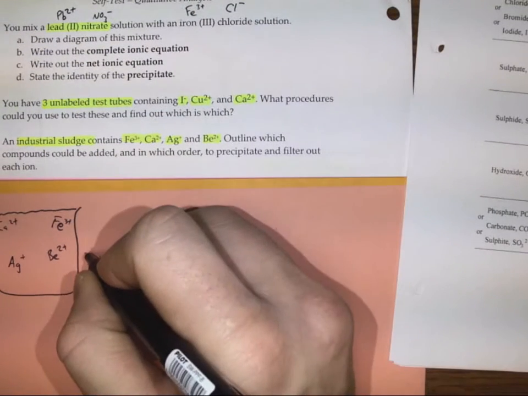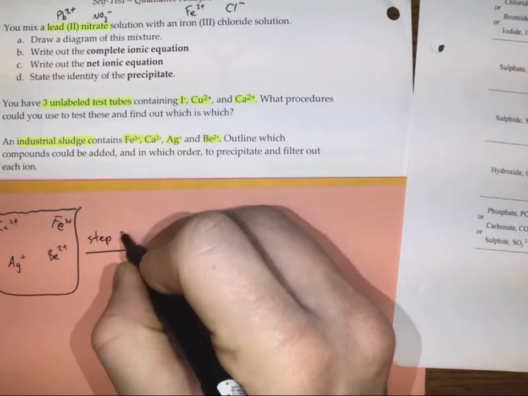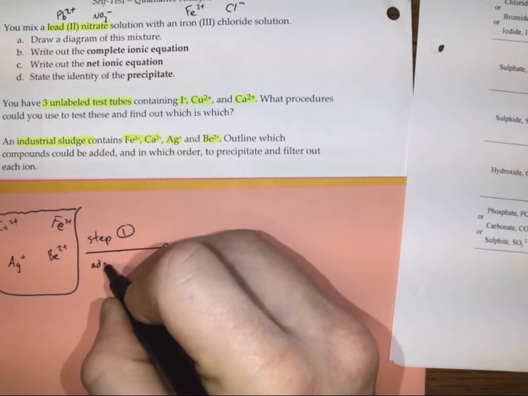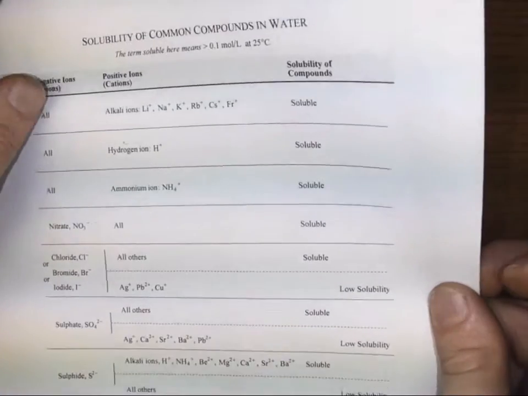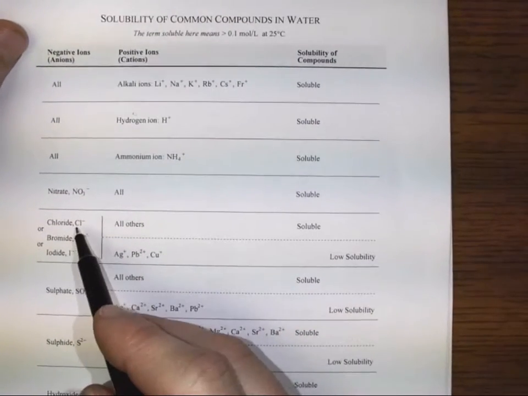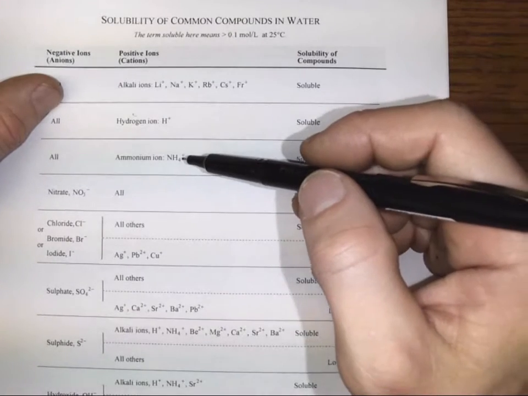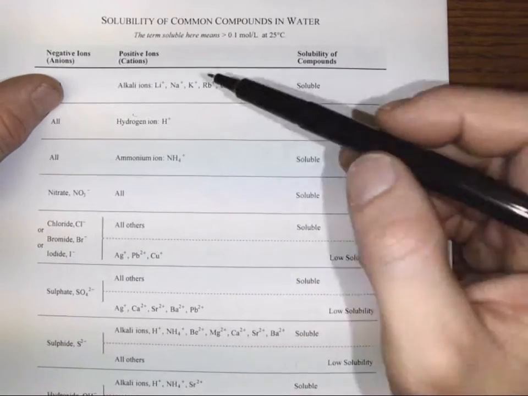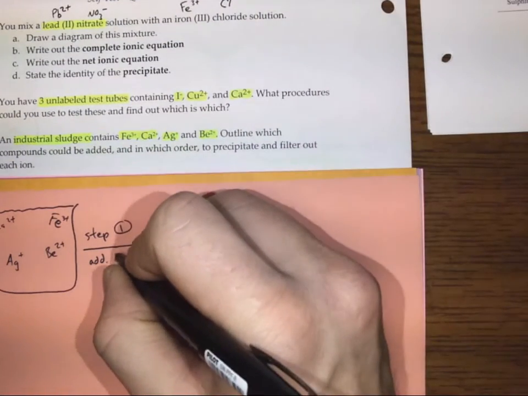So step one, I'm going to actually draw this in diagram form. Step one, we can't just add chloride, we have to add a compound. Something that balances the negative charge of chloride with some positive charge. And I don't want to add a base or an acid, so I'm actually going to add sodium ions because they're cheap and simple, and table salt is cheap.